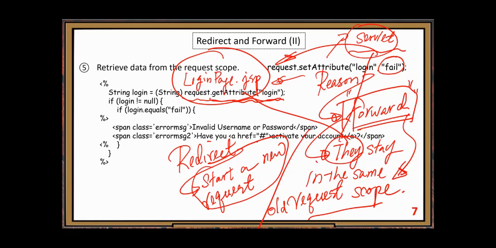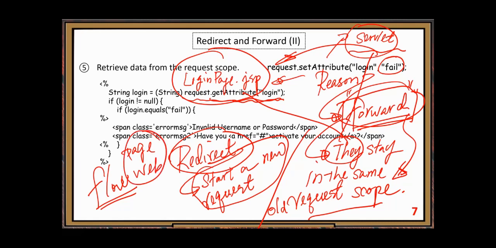Here at the end of this slide, we get to the key difference of these two different ways to send our flow, page flow or web flow, to a new resource.